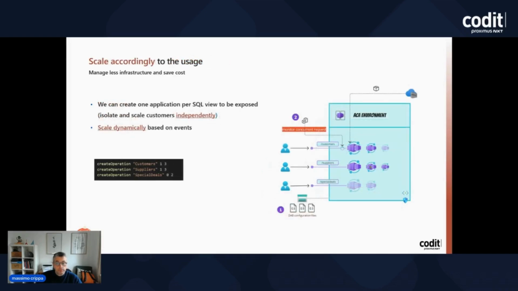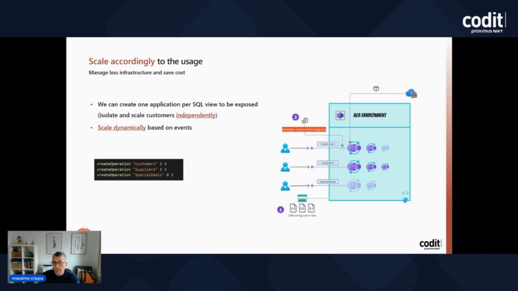Now, one thing is scale to zero, another thing is also scaling based on the traffic that comes in. It might be that during some particular days of the month, there are more calls towards a specific endpoint. In that case, the container apps can provision additional instances based on some dynamic events that are observed.